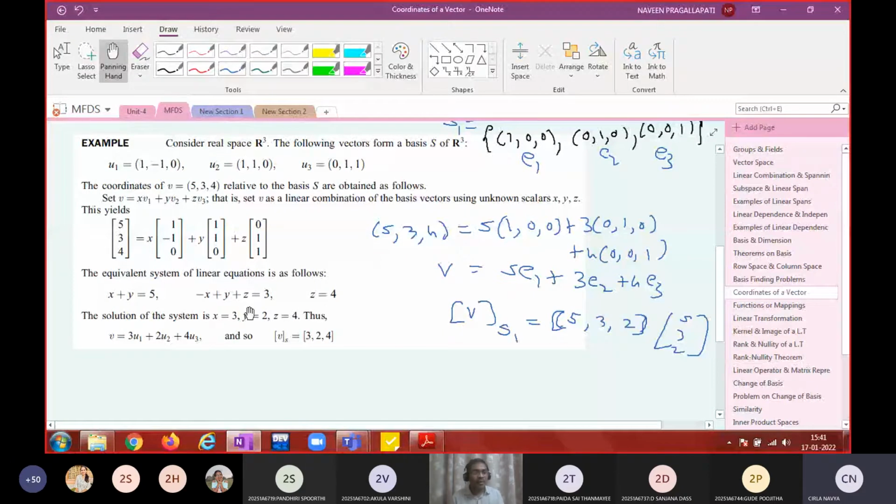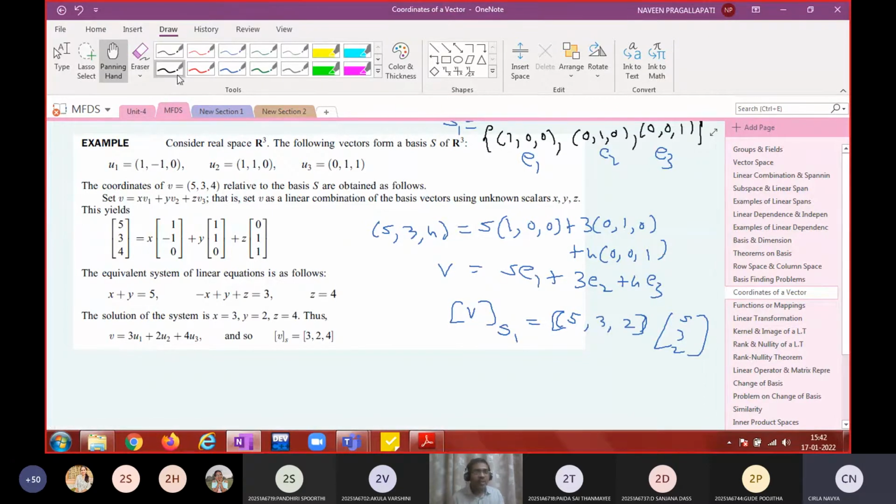So when z equal to 4, and this is a non-homogeneous system, you solve the system, then you will identify that x equal to 3, y equal to 2 and z equal to 4. So I'm able to express this v as a linear combination of these three vectors. Actually here it was written as v1, v2, v3, here it is written as u1, u2, u3. Actually they are u1, u2, u3.